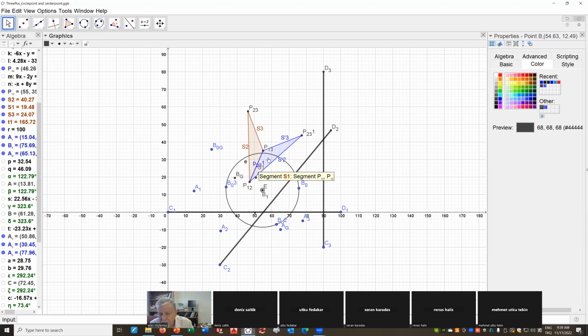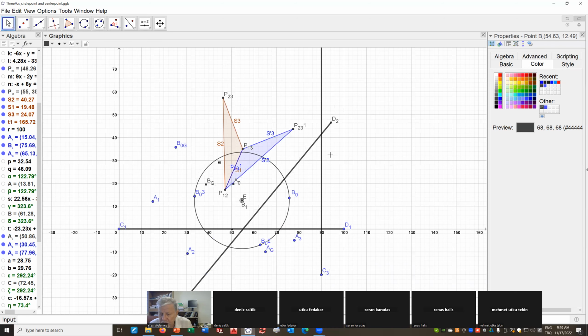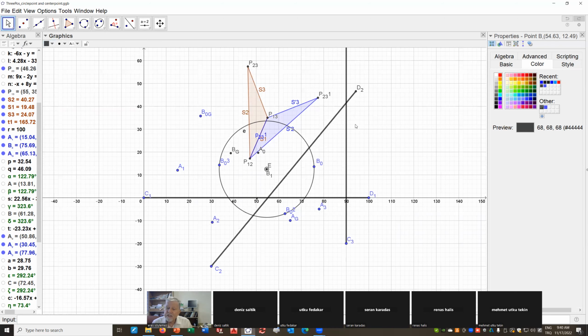Now, in this case, I have simply inverted the motion and determined B1. Depending on the application, depending on the problem case, you can use different forms of it. You can solve the problem in different ways. This is what I wanted to show.